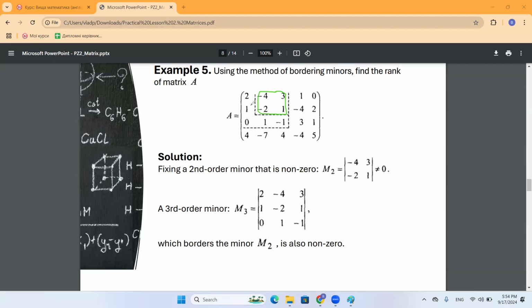For this minor of the third order we have no options, we just take this minor of the fourth order.